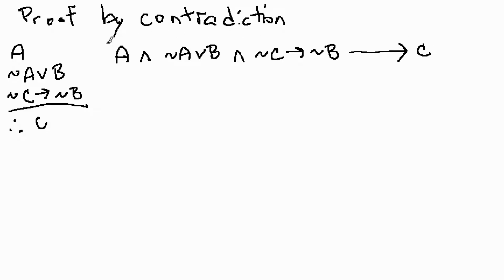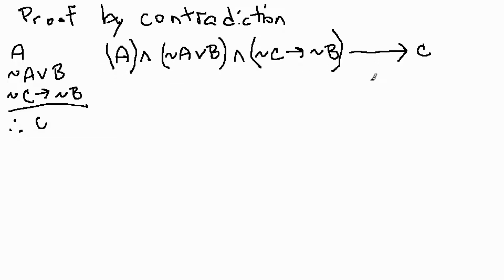So what we're saying is that this and this and this implies C. And what we do here is we try to derive a contradiction.